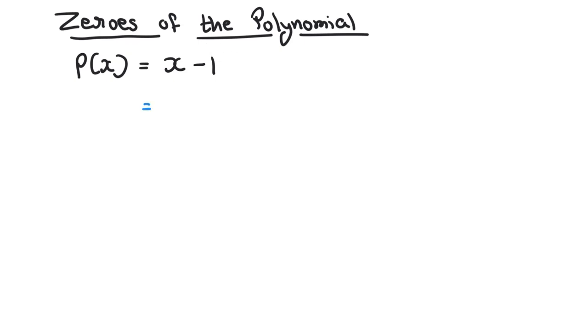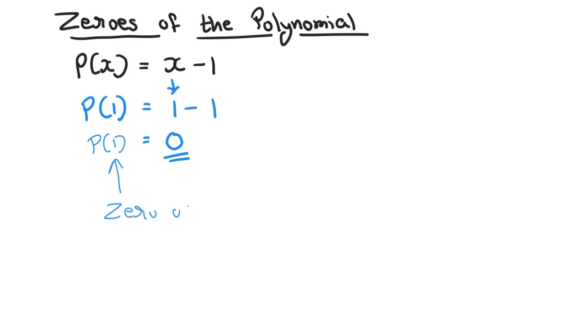So if I put x as 1, the value of the polynomial becomes 0, isn't it? So the number that makes the value of the polynomial 0, that number is called the zero of the polynomial.